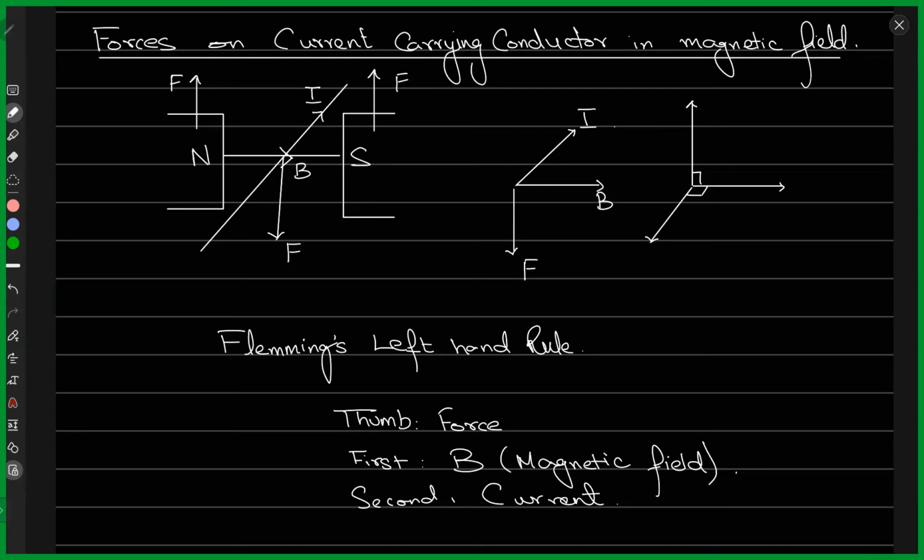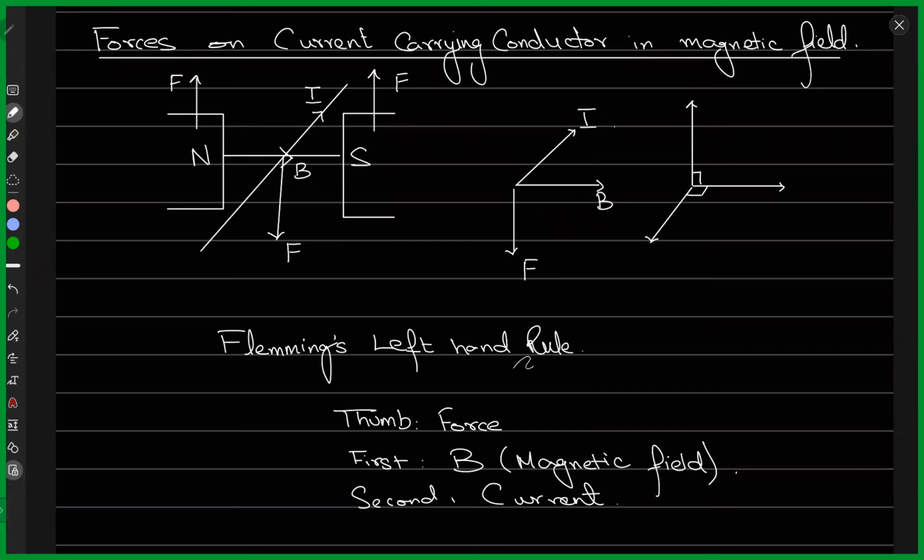And we saw how we can use the coordinate axes to figure out what would be the magnetic field's direction, current, and force direction, because it turns out that the magnetic field, the magnetic force, and the current are all perpendicular to each other. They're all normal to each other.